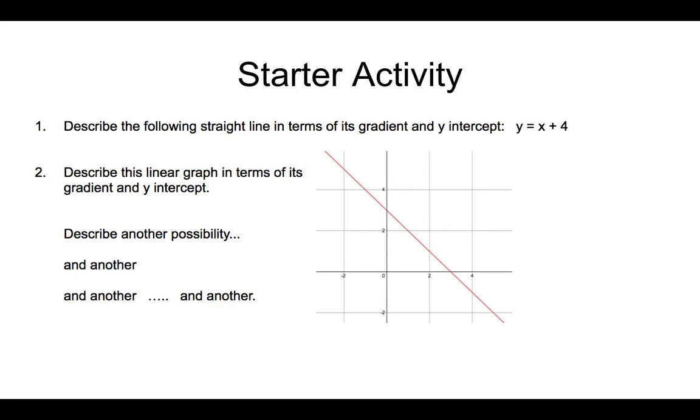The gradient, well, it's definitely going down, so it's negative. What kind of angle is it going down at? A gradient of 1 is 45 degrees. Is this 45 degrees going down the way? So the angle from the positive direction of the x-axis here, is that 90 degrees plus another 45?